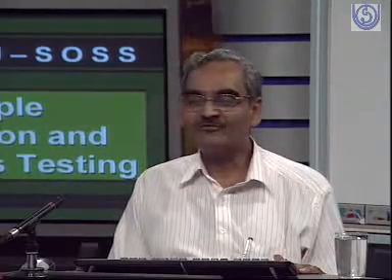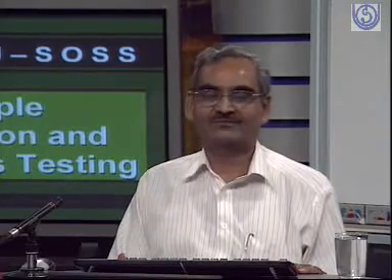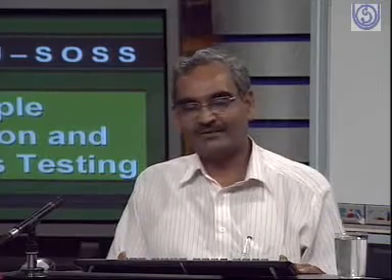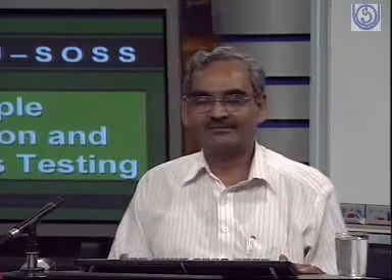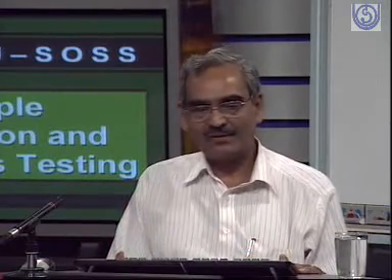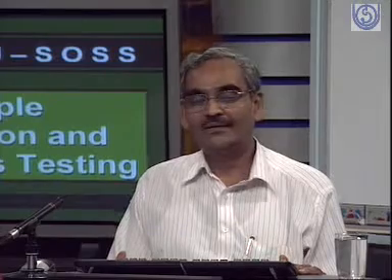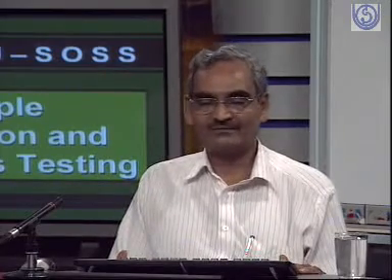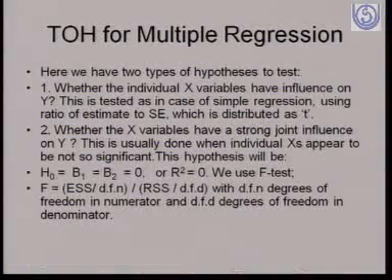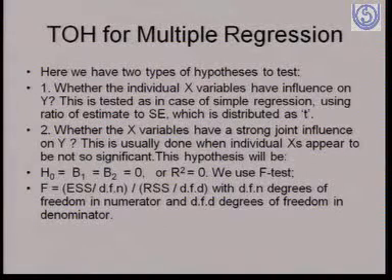Or alternatively, we can make use of the F test. F is the explained sum of squares divided by its degrees of freedom, divided by the residual sum of squares divided by its own degrees of freedom.